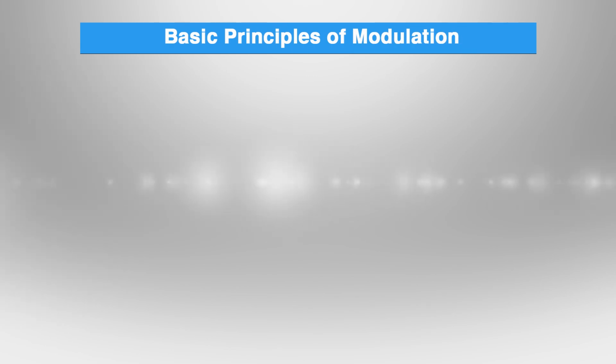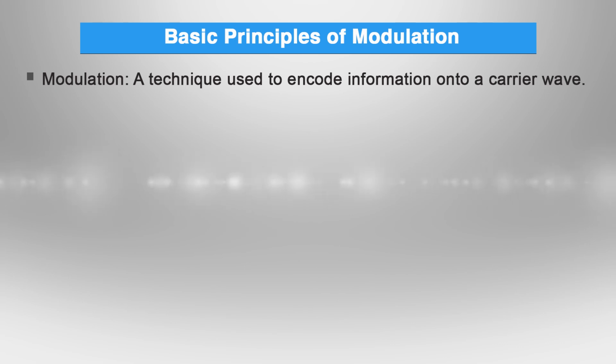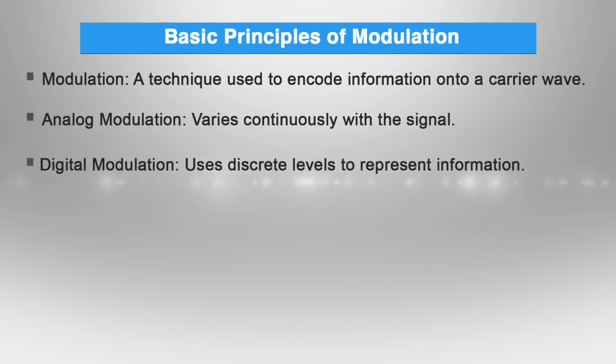Now, the basic principles involved in modulation: modulation is a technique used to encode information onto a carrier wave. First is analog modulation, which varies continuously with the signal. Second is digital modulation, which uses discrete levels to transmit information.